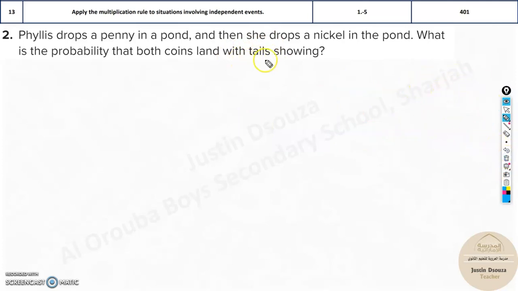If you remember heads and tails, now we can easily separate these two things, penny and nickel. So I write P and N. And means always, over here, and is there, so it's multiplication. Both of them must land on tails. What is the probability?